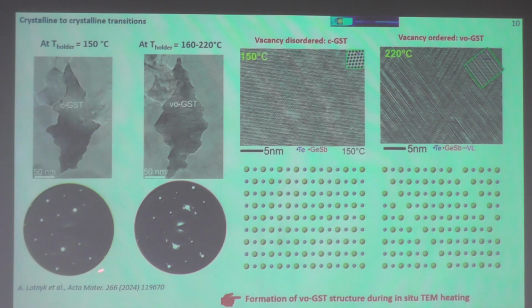It can also be confirmed by selected area electron diffraction. Here, this is the cubic lattice. It's highly ordered, like a single crystal. We see many reflections coming from the structure. And in the vacancy ordered structure, we see additional reflections which lie on the 111 planes. So these vacancy layers are formed on 111 planes in the cubic lattice.